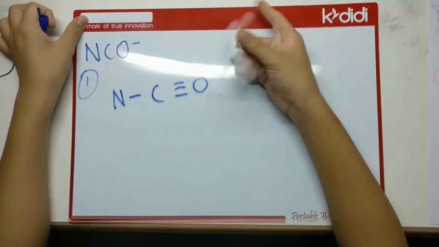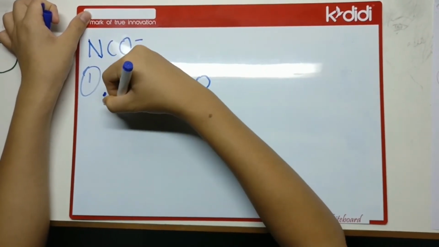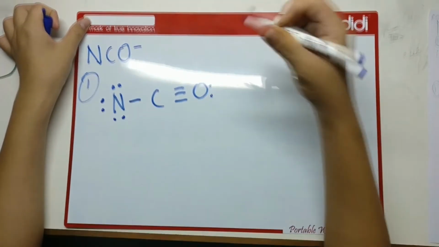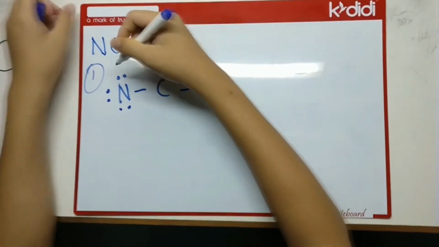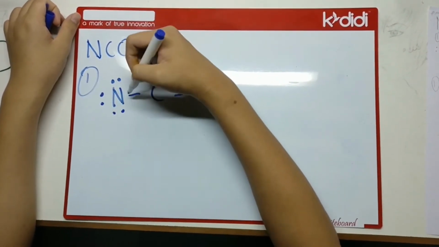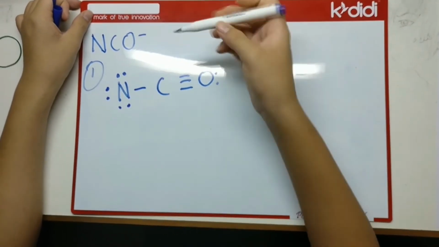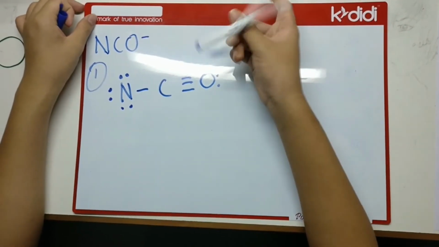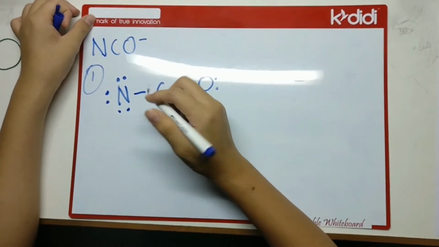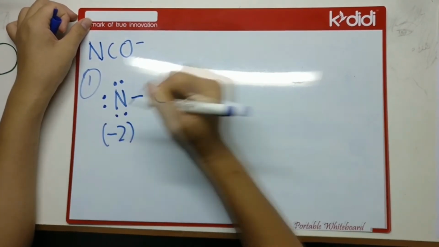First of all, the valence electrons. Now the formal charge: 1, 2, 3, 4, 5, 6, 7. The normal number of valence electrons for nitrogen is 5, but this has 7, so it would be a formal charge of -2.